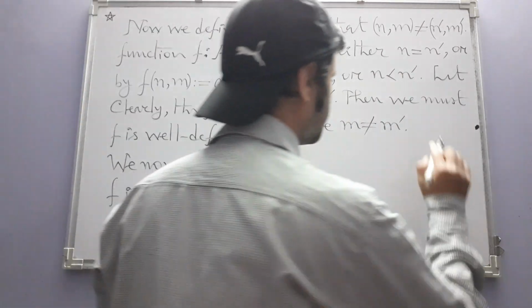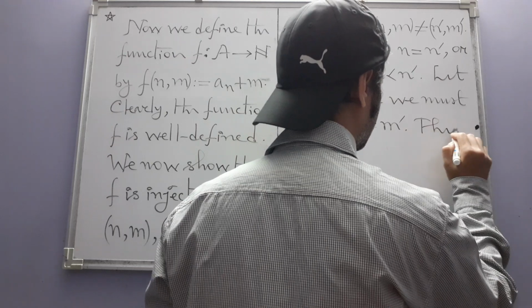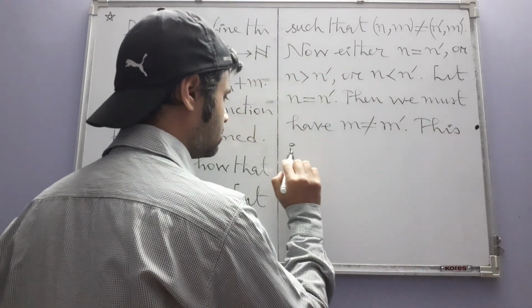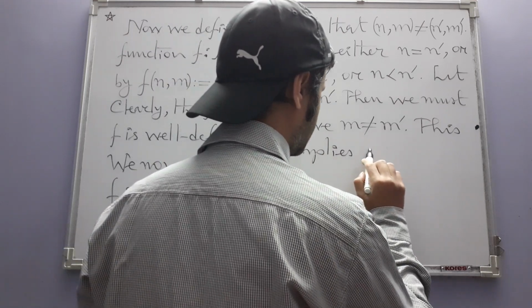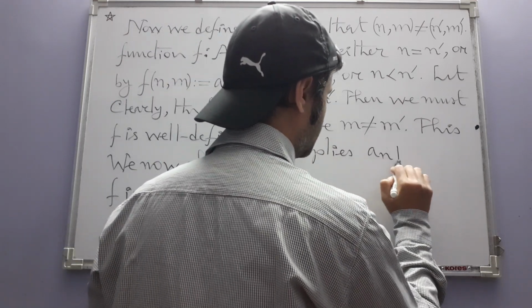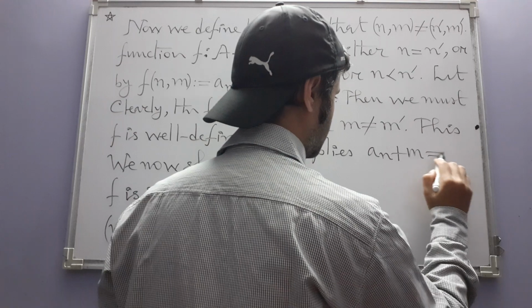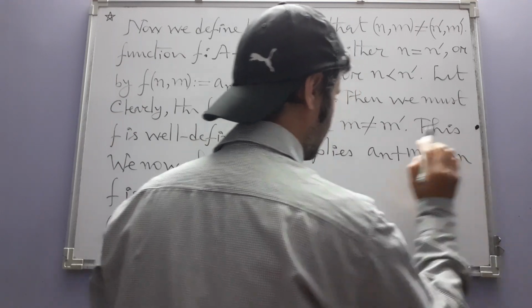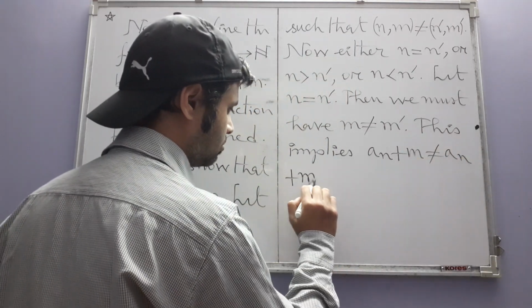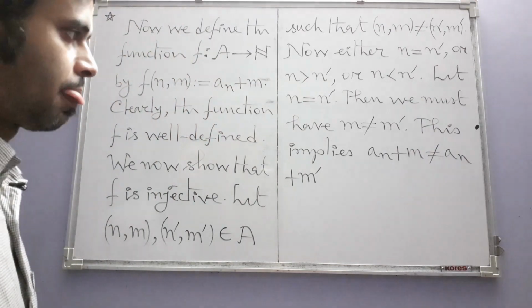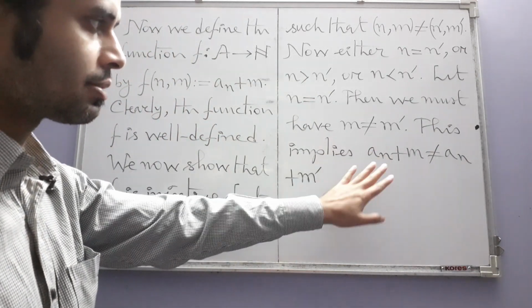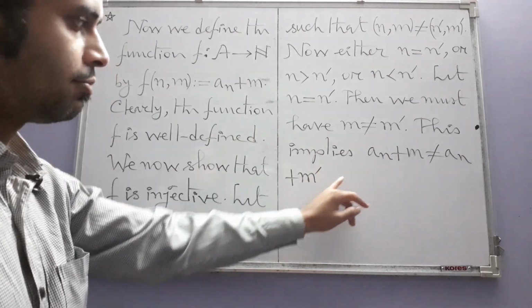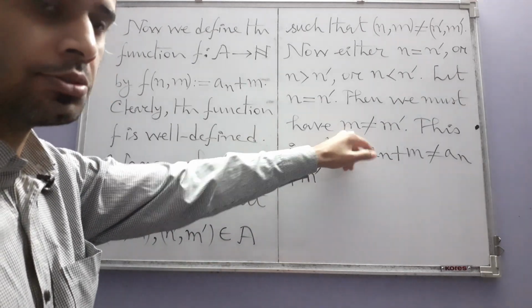Naturally, this implies that an plus m is not equal to an plus m prime. Because otherwise, if they are equal, you can cancel an from both sides and have m equal to m prime, contradicting this one.